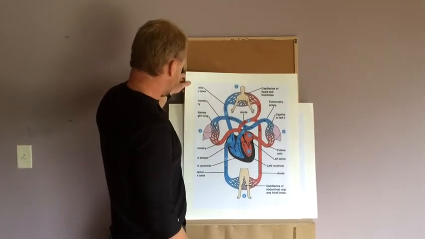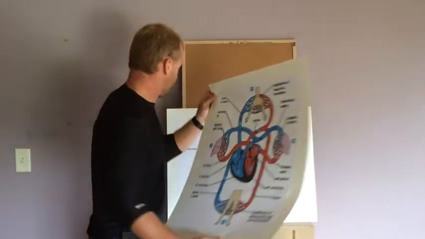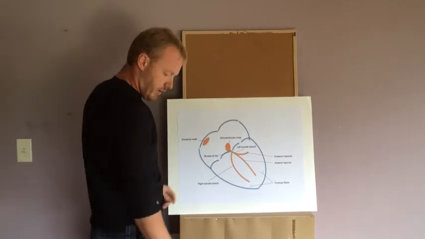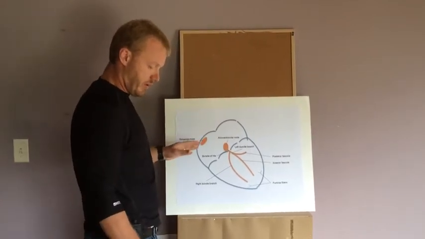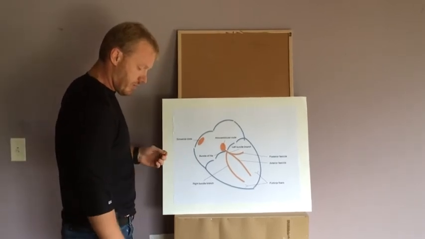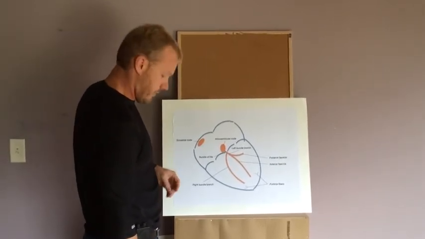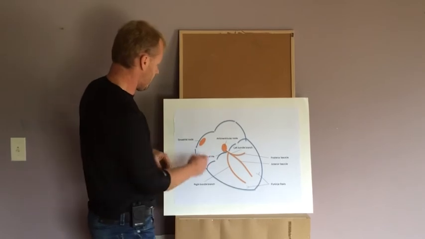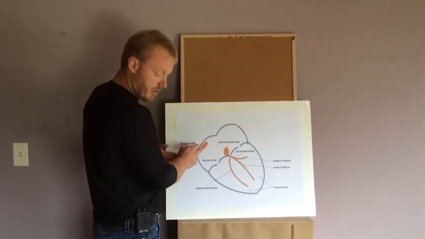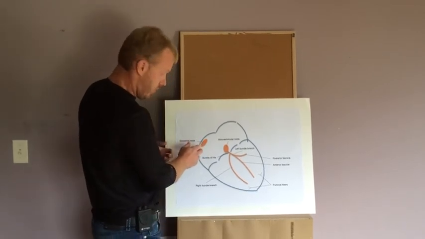Now, the electrical function of the heart. The heart actually has an electrical function, which in turn causes the mechanical function. During a normal heartbeat, the electrical impulses in the heart actually start in the sinoatrial node, most of the time called the SA node.